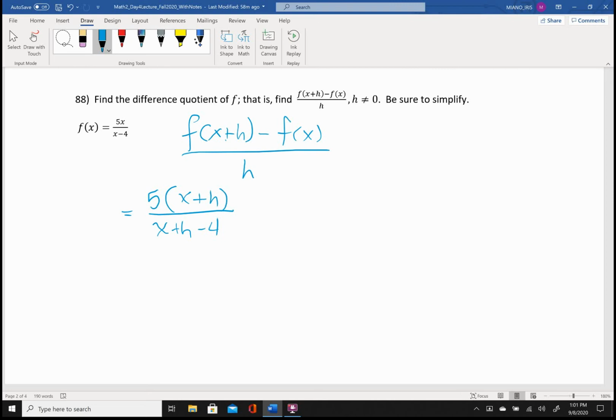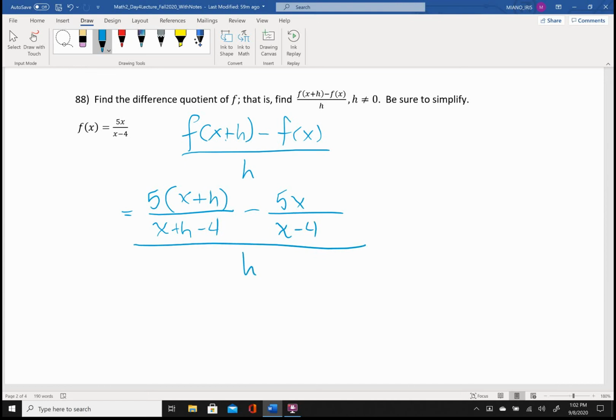You'll find that in the next step in simplification, the parentheses drop anyway in the denominator because there's no reason to have them. But in the numerator, you really need to have them so you can do the distribution that's appropriate in the next step. So then from that, subtract your f of x exactly as you see it here, which is the 5x over x minus 4. And all of that should be over an h.